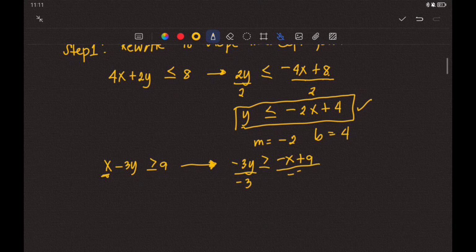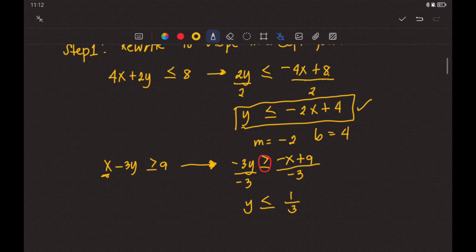Since we are going to divide negative 3 to both sides of the inequality, be sure to change the symbol in reverse mode. So this will become y is less than or equal to, this is positive. Negative divided by negative is positive.